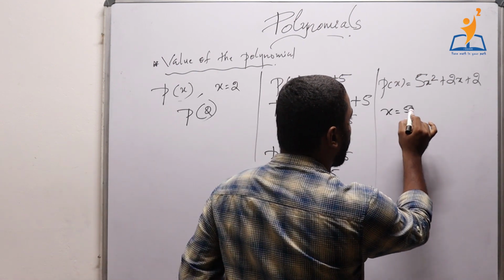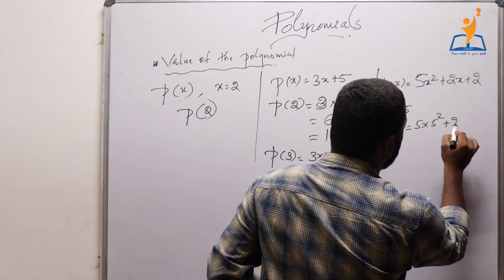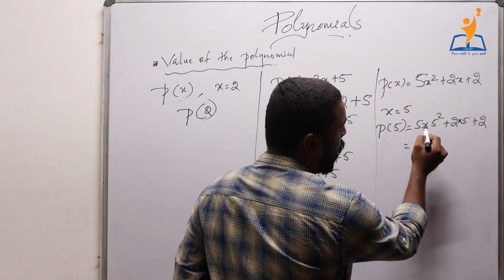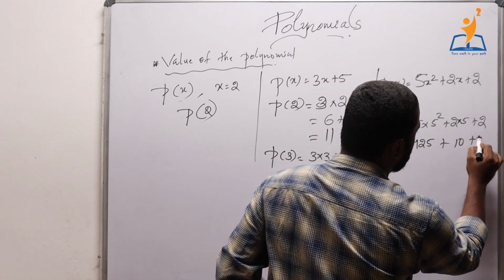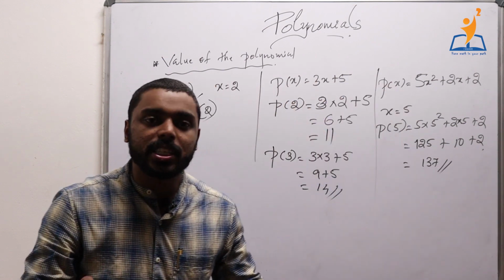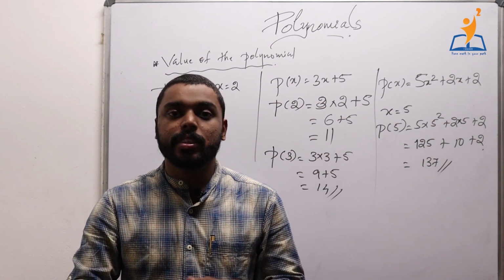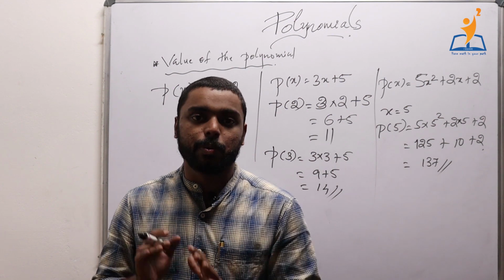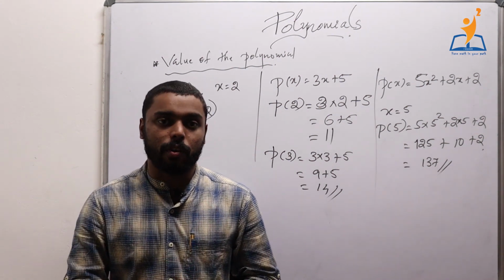Suppose x is equal to 5, then p of 5 is equal to 5 into 5 square plus 2 into 5 plus 2. 5 into 25 equal to 125, plus 2 into 5, 10, plus 2, equal to 137. Similarly, we can always find the value of the polynomial for any real number. Just substitute the value for x in the algebraic expression, then we will get the value of the polynomial at a particular value. Clear?